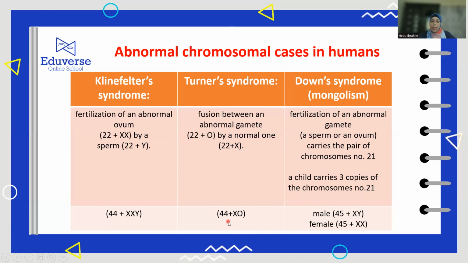How many chromosomes here? 45. So the disorder is by decrease. The defect is in the sex chromosomes, not in the somatic chromosomes.